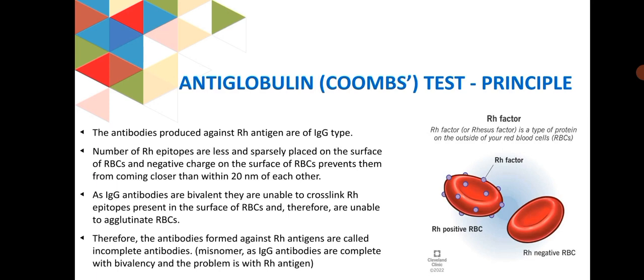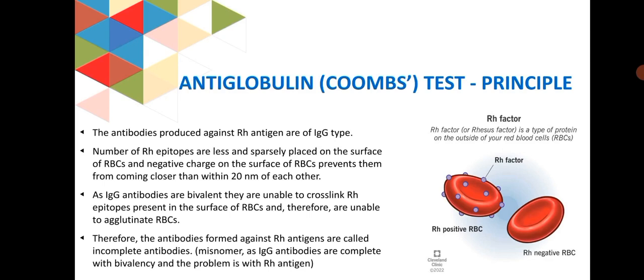The principle is that the antibodies produced against Rh antigen are of IgG type. The number of Rh epitopes is small and they are sparsely placed on the surface of RBCs. The negative charge on the surface of RBCs also prevents them from coming closer than within 20 nanometers of each other.